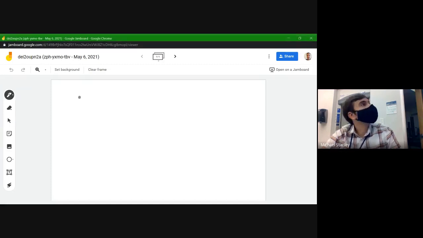On the homework, you'll see these blanks in front of the atoms, and those represent areas where you can mess with the coefficients.